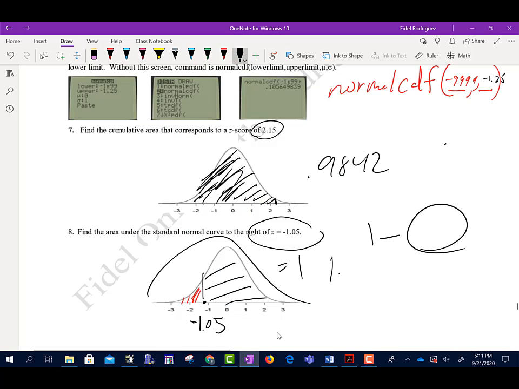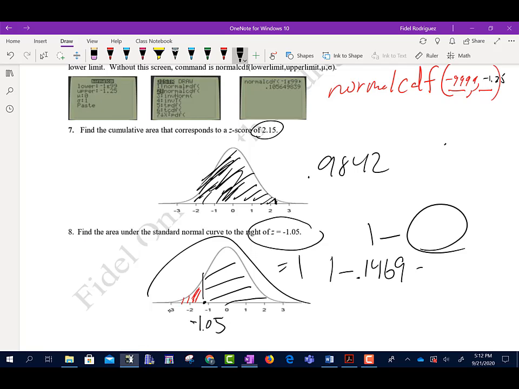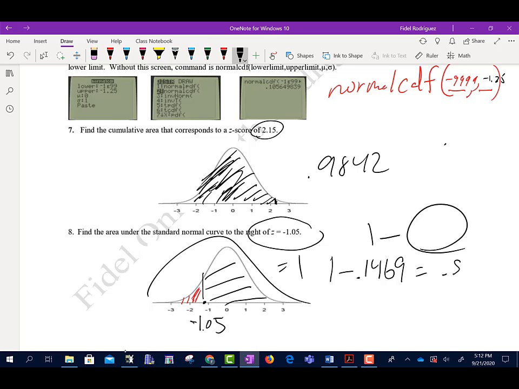So I would have to go 1 minus 0.1469, and I would take my calculator, 1 minus 0.1469, and I would come up with 0.8531. That would be my answer, right?